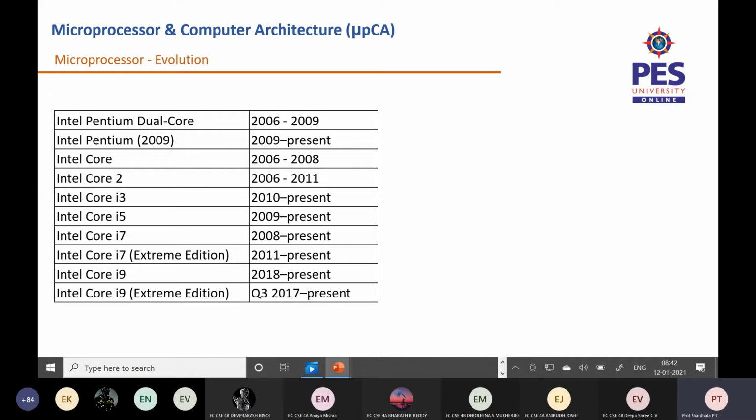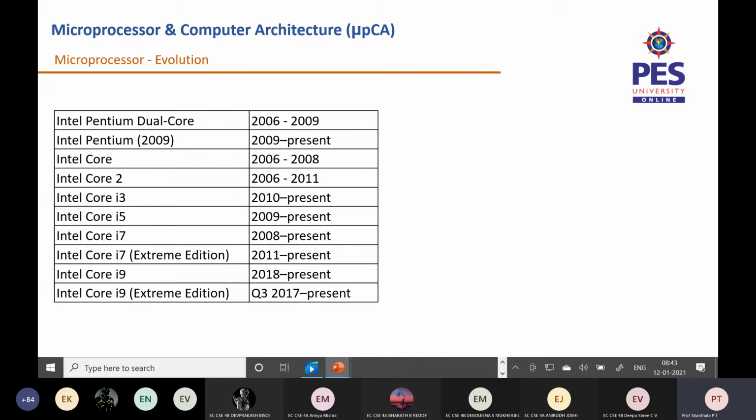But as a part of the study, we will consider a small processor, because the Intel Core i9 or i7 machines we use nowadays have a very vast instruction set and addressing modes, which are very difficult to understand here.